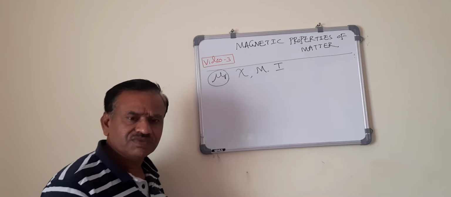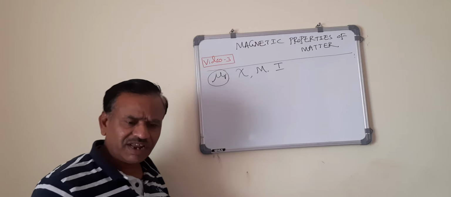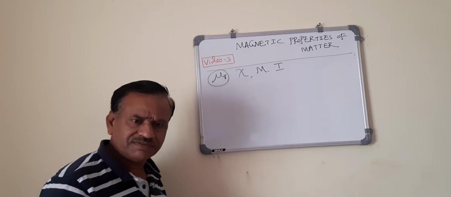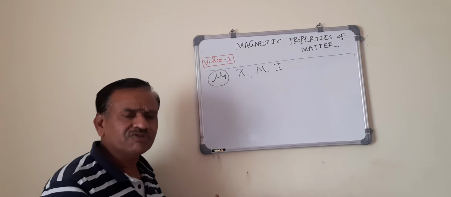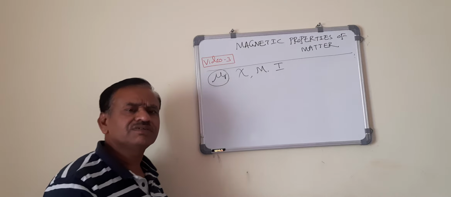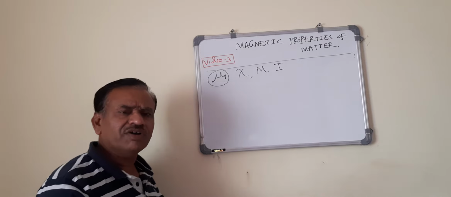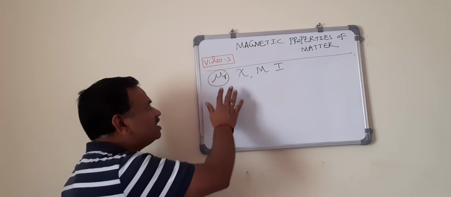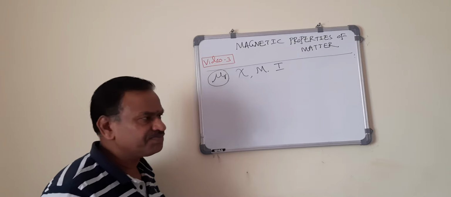The same magnet you put in the water, and you take another magnet and bring it near the water. Again, because of the interaction of the two magnets, it will start moving. The number of lines of force passing through the water medium, glass medium, or any cloth medium differs from one medium to another medium.